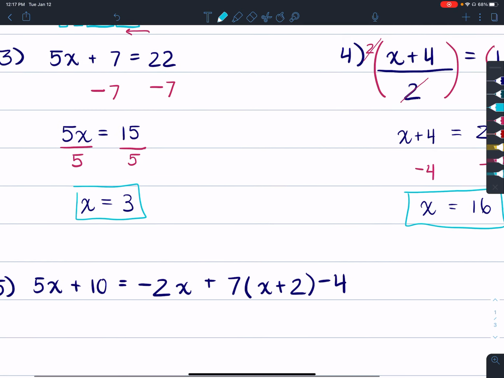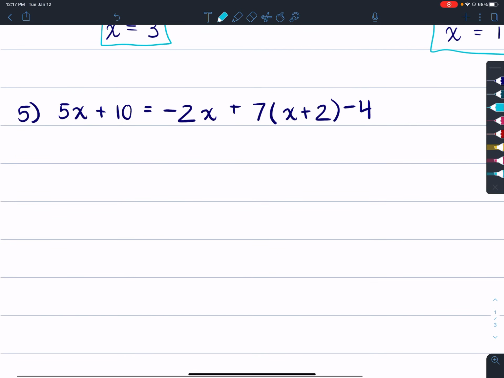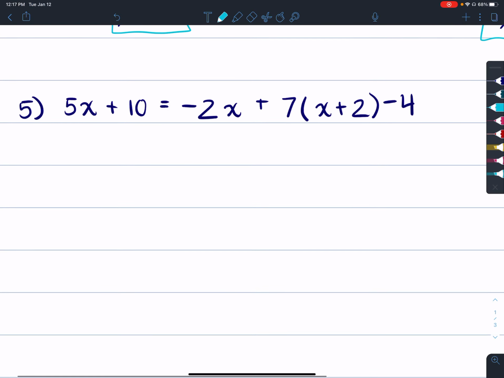Okay, now moving on to a little bit more of an interesting example. So this has a lot going on. Something that we need to do for this is that we actually have to simplify before we can do anything at all. Since here we have 5x plus 10, and on this side we have a minus 2x, and then we also have 7 times x plus 2, we have more than one of the same type of variable going on here.